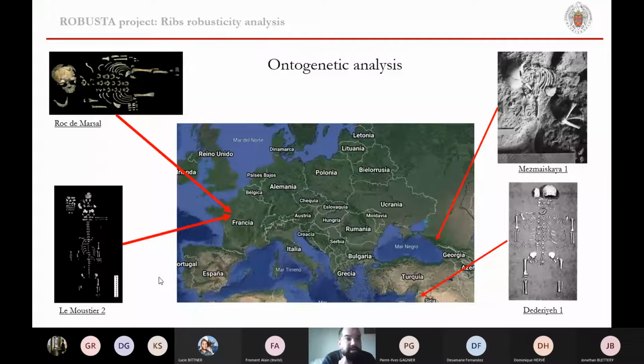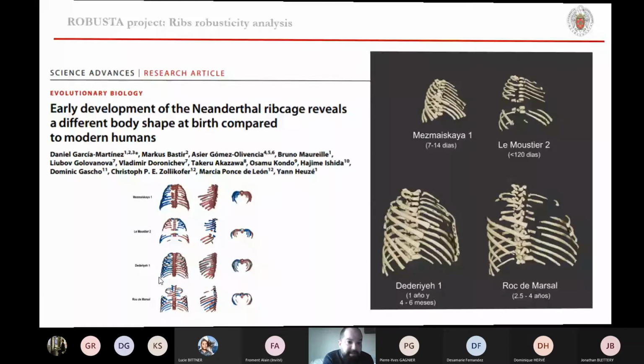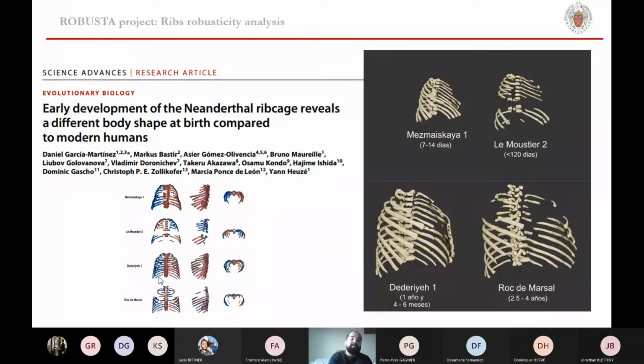This was part of my first postdoctoral experience at the PACEA institution at the University of Bordeaux. And thanks to this postdoc, we could study the early development of the Neanderthal ribcage, confirming that there were differences between Neanderthal and modern human ribcages from birth, basically.